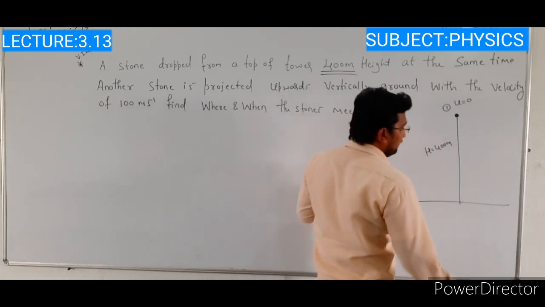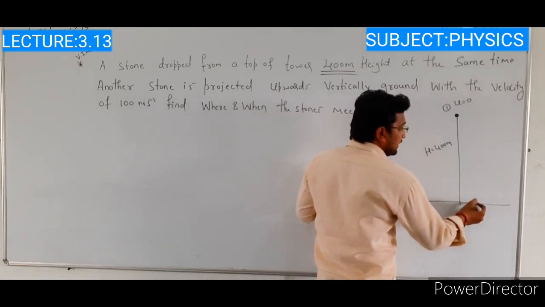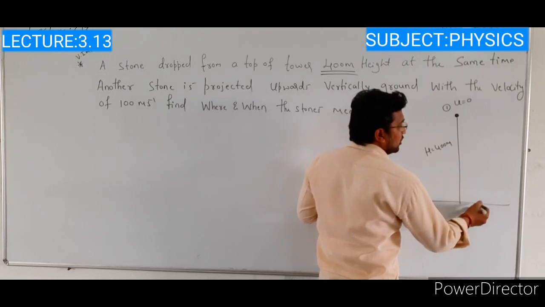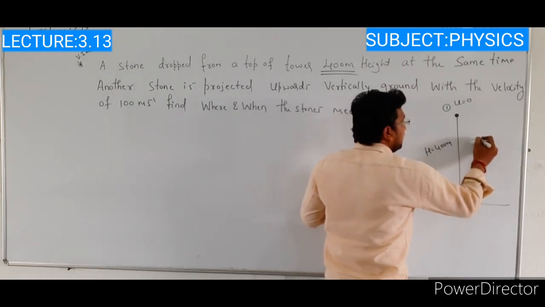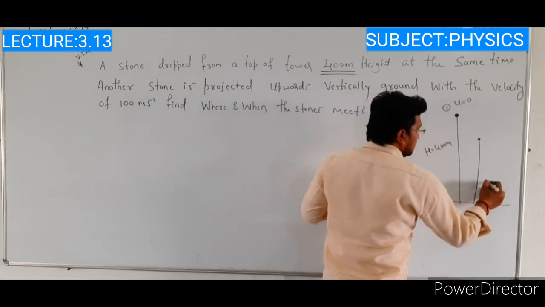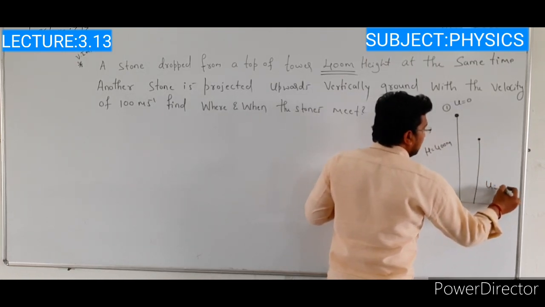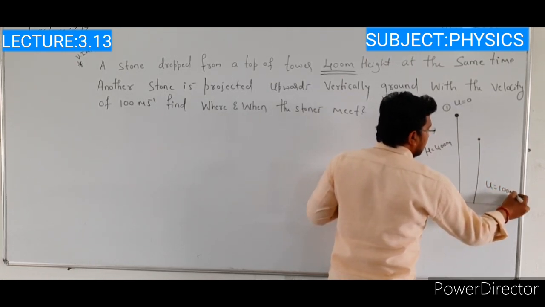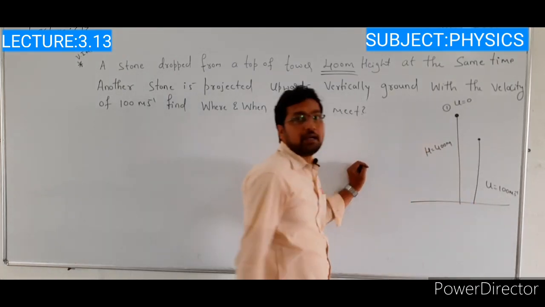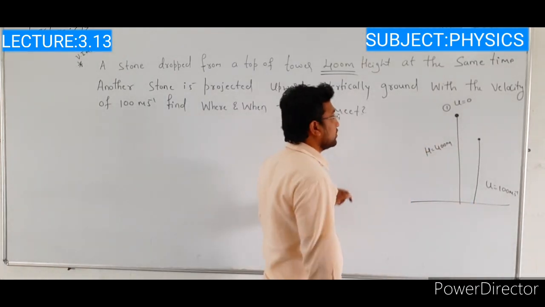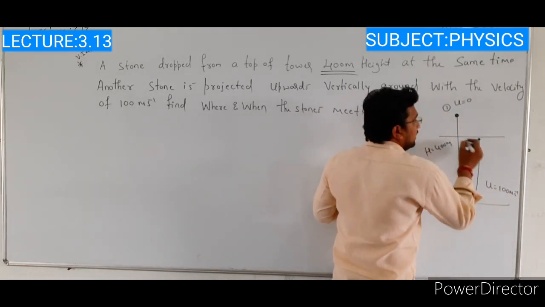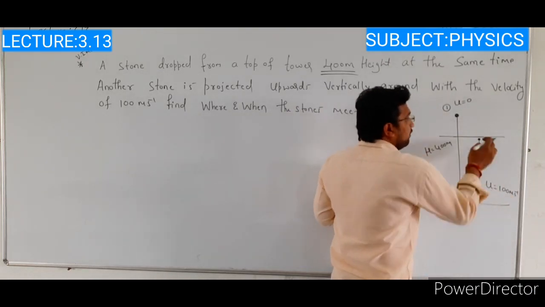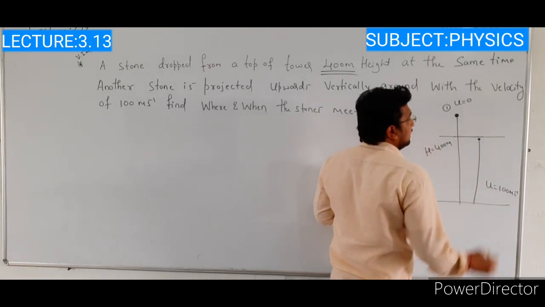At the same time, one more stone is projected vertically upward with some initial velocity. The initial velocity of that stone is 100 meters per second. Let us assume that at this position both the stones meet.